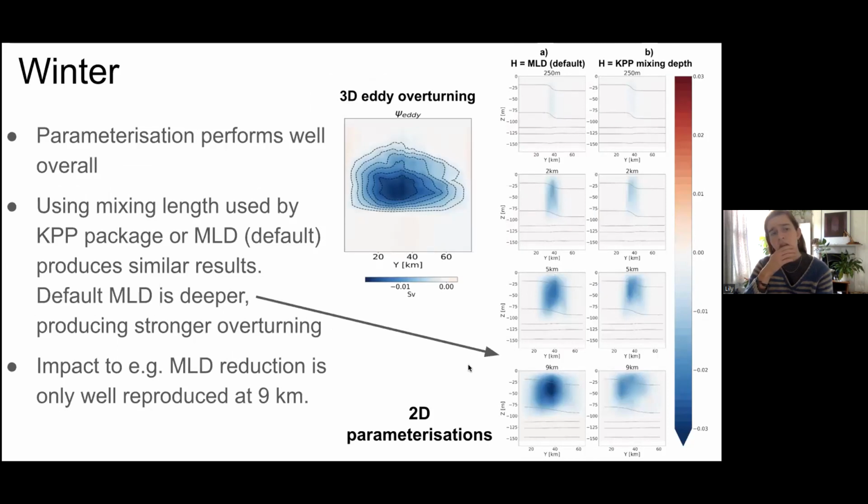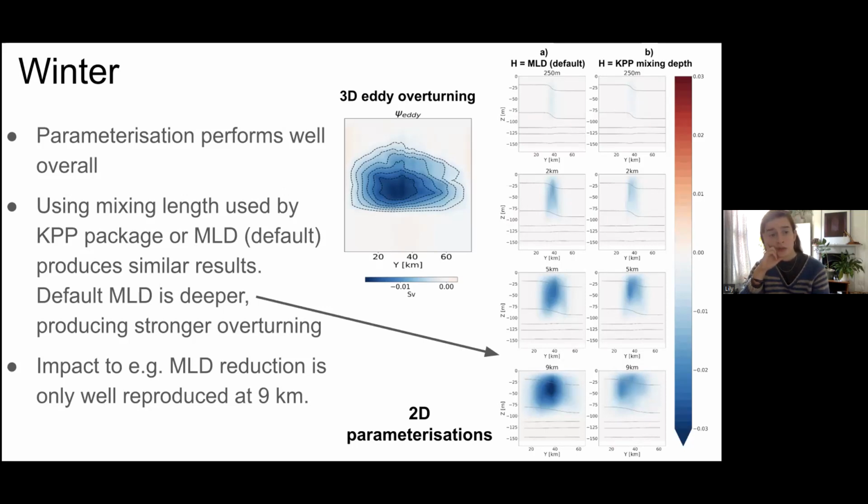So then in these winter simulations, I also tested the parameterization, and I talked about using different values for H. So I tried using also the default mixed layer depth in winter. And this is because there's no strong stratification at the surface, just using this default mixed layer depth quite well reproduces the winter overturning, and also impacts like the reduction to mixed layer depth.